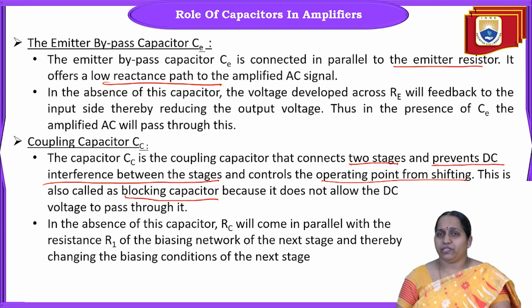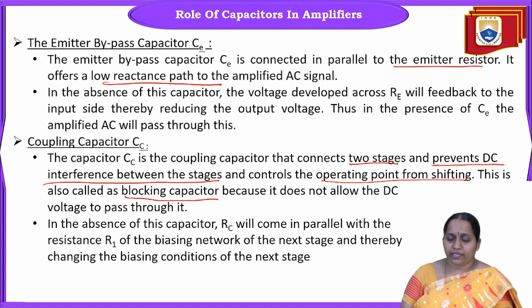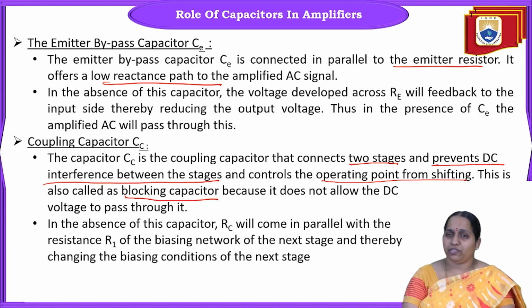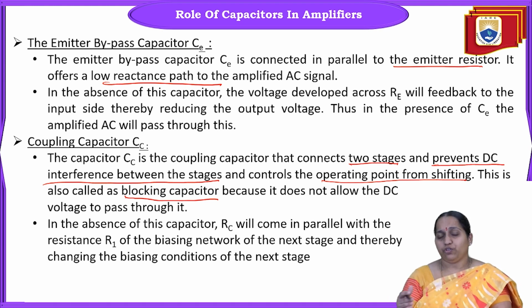And finally, the coupling capacitor CC is used to connect one stage to the other stage. Moreover, if you are not connecting the coupling capacitor CC, what will happen? The resistance RC of the particular stage will be in parallel with resistance R1. That is, if you are not using coupling capacitor CC between stage 1 and stage 2, RC of stage 1 will come in parallel with R1 of the second stage.